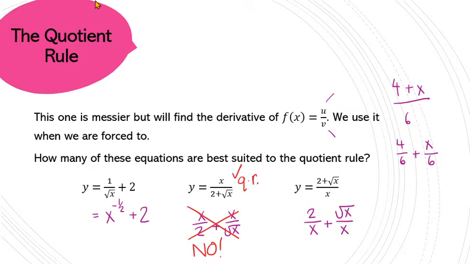You can recognize that this is the same as 2 times x to the negative 1 plus x to the power of negative 1/2, and that's just the same thing we did last class, and then you can use the power rule to go ahead. Options, take them if you can.